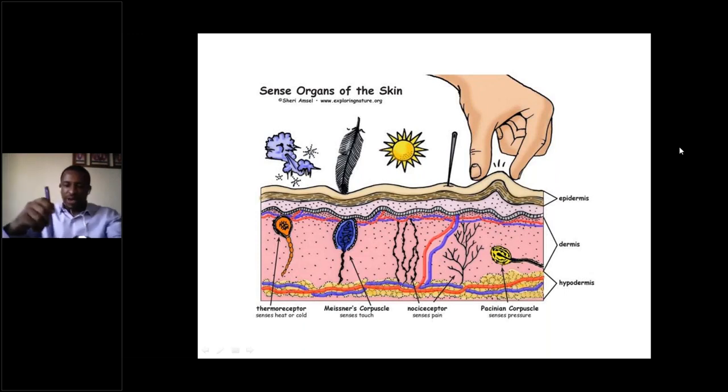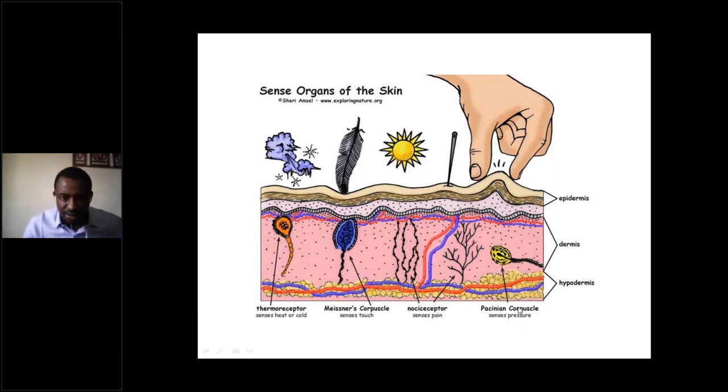Now, if I use this pen and you see the way I pinch my hand, it's the nociceptor that will say, this is fairly sharp. Let me use this other pen. This pen is sharper. This nociceptor will say, this is the pen. And as it receives the signal, it sends it directly through to the brain. The brain will now say, this is painful. Remove your hand. Okay. So you have the Pacinian corpuscle.